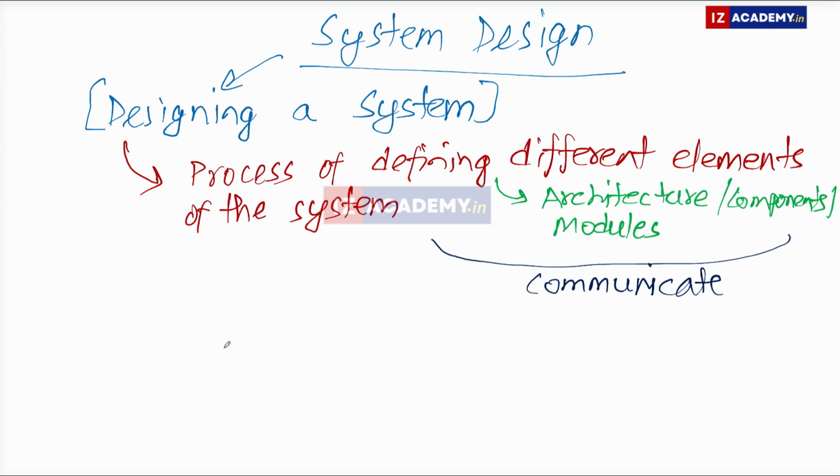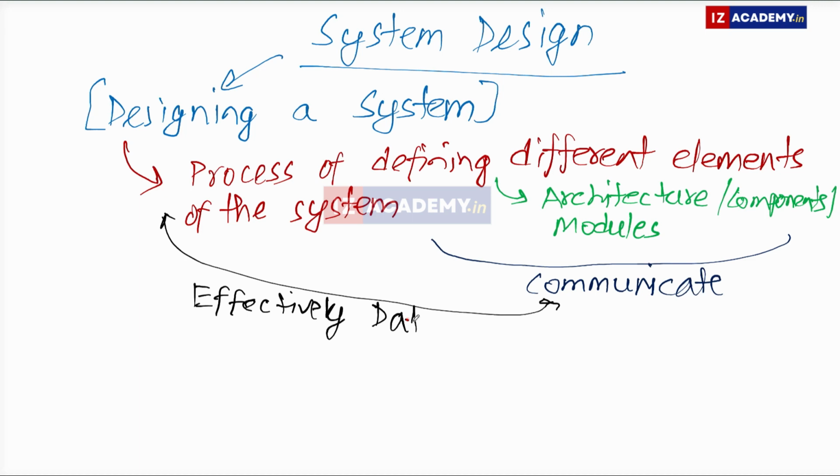So why are we ensuring that they can communicate? We are doing so that data will effectively flow through the system, right? That is the reason.